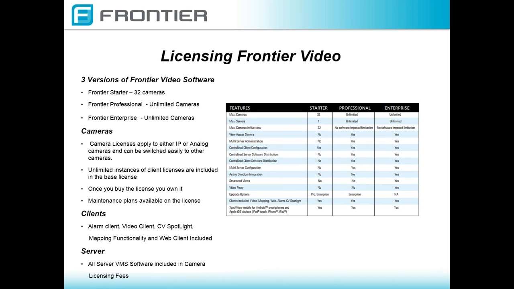Basically, when you buy, say, 32 camera licenses, you have 32 camera connections to that server, and that's all the server really cares about, that 32 things are connected to it. So you can remove one, add the new one, pretty flawlessly without having to interact with Frontier, the company itself.